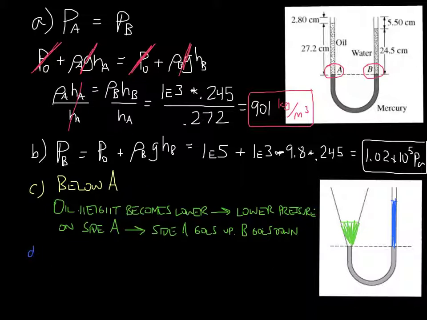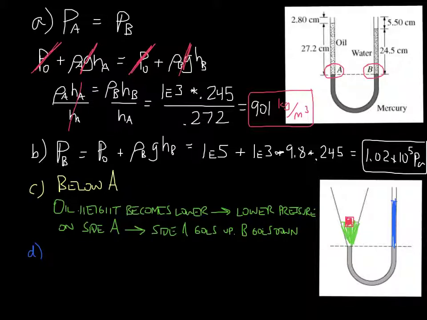And for part D, suppose you have a small piece of wood with density less than that of the oil, and it's placed so that it floats on the left side of the tube. So I'm going to get a small piece of wood, which I'll put in red, on this side of the tube, and it's put in there so it's kind of floating. Let's say it's just half submerged.